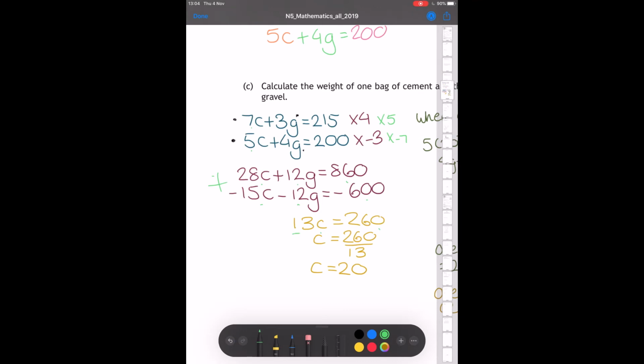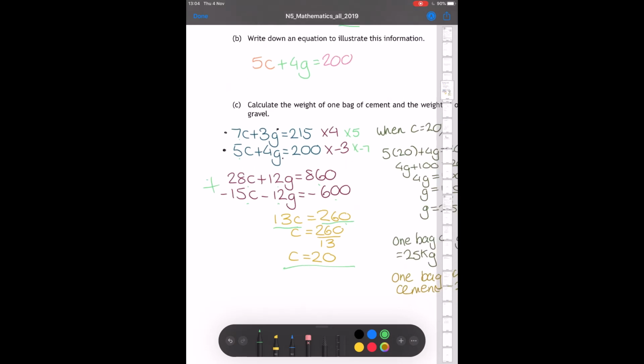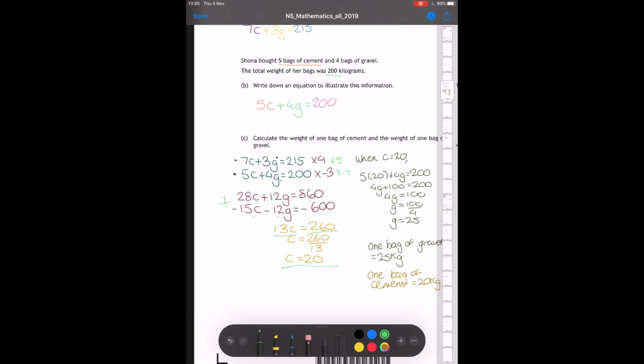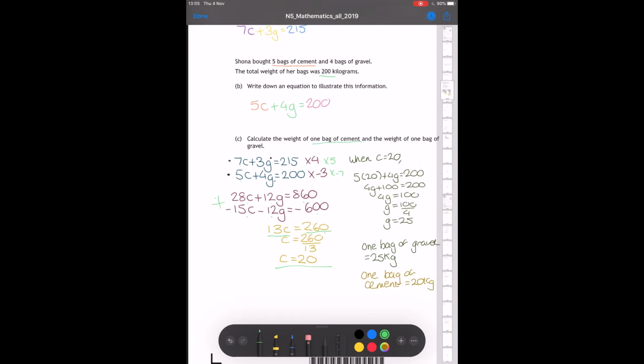Now, so we have now 13C is equal to 260. So what do we do? Well, we divide the 260 by the 13, nice and easy, to get our answer of 20. So that C equals 20 means that 1 bag of cement weighs 20 kilograms.